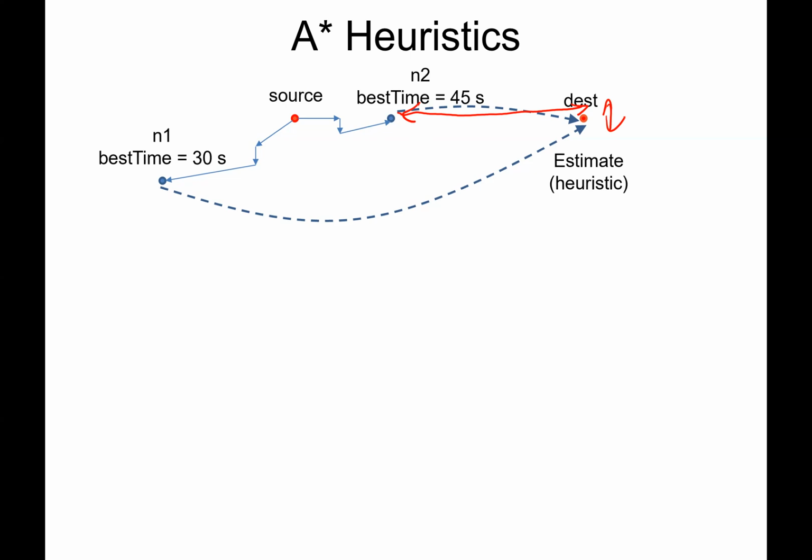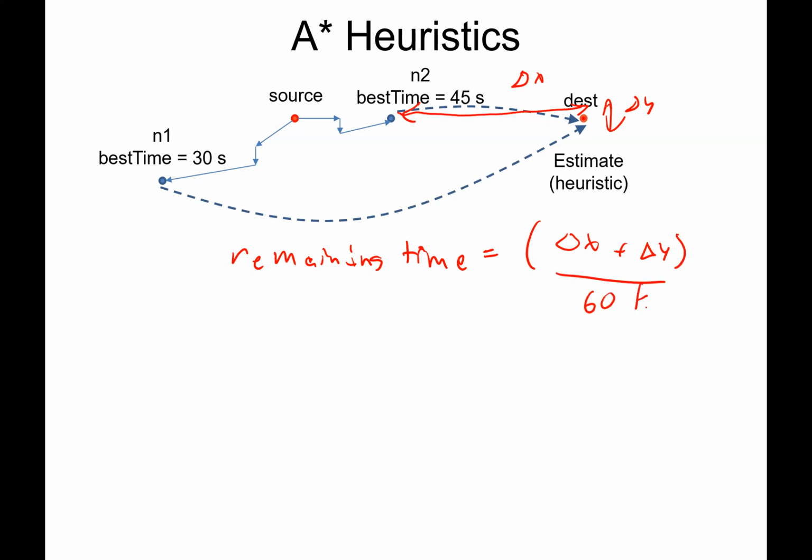And then I'm going to divide by, I think in most cities the average speed limit is about 60 kilometers an hour. So I'm going to get delta x, delta y, and say the remaining time is equal to delta x plus delta y divided by 60 kilometers per hour.